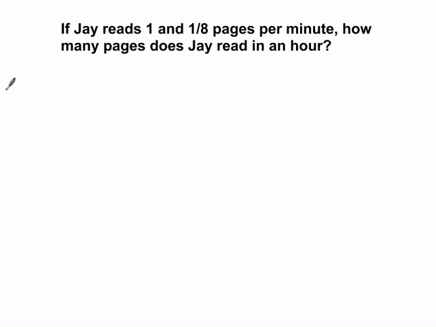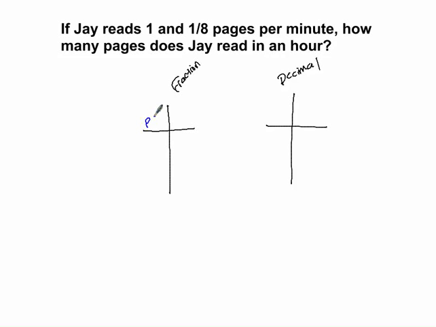This next type of problem: if J reads 1 1/8 pages per minute, how many pages does J read in an hour? I'll set this up using a table. We can use fractions and decimals. I'm going to do one with fractions, and I'll do one with decimals. They both keep a consistent ratio. Pages, minutes, so he reads 1 1/8.